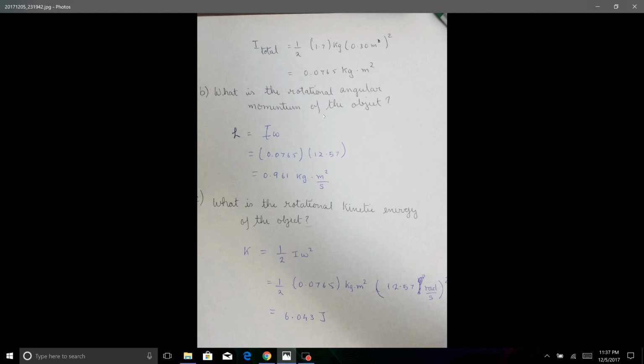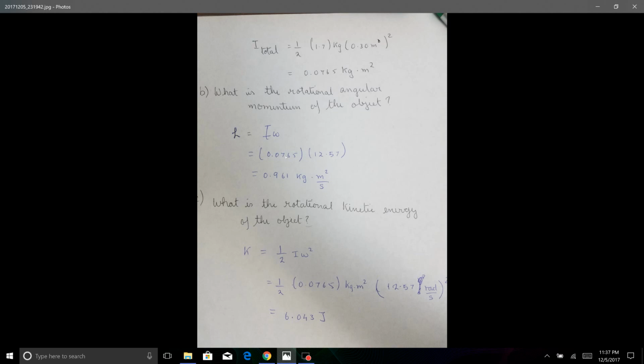Part B asks us to find the rotational angular momentum of the object. The rotational angular momentum is nothing but L is equal to I W. We just found the inertia, so here it's nothing but I, which we found here, 0.0765, and W is the angular speed, which we found before, one revolution over 0.5 seconds.